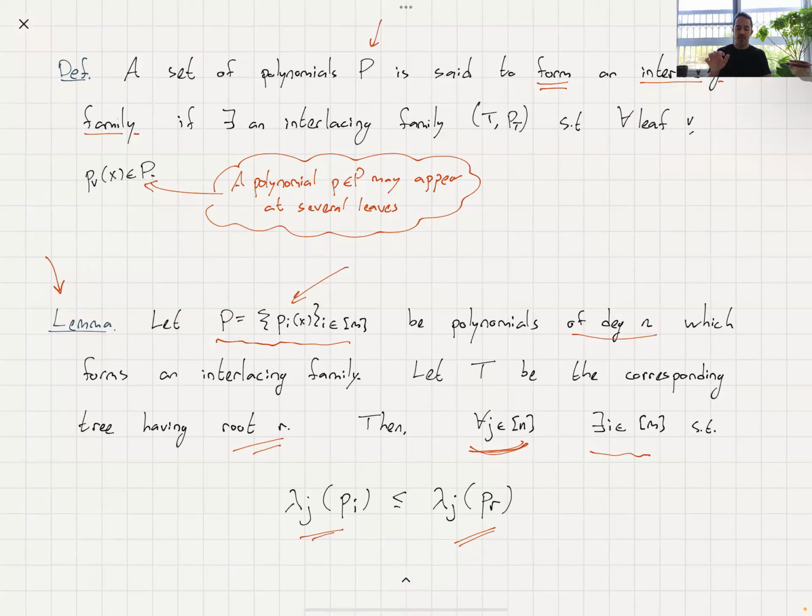All right, so this lemma tells you that if you have a set of polynomials that forms an interlacing family, so it has some structure, then if you have a bound on the max root of the polynomial that appears at the root of the tree, and of course you want to choose that polynomial carefully, constructing the tree such that the root is the expectation, or according to some distribution that you have, in our case uniform, then a bound on the largest root of the expected characteristic polynomial yields an upper bound on the largest root of one of the polynomials in the family, which is exactly what we want.